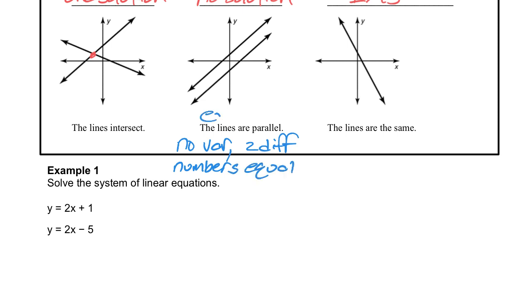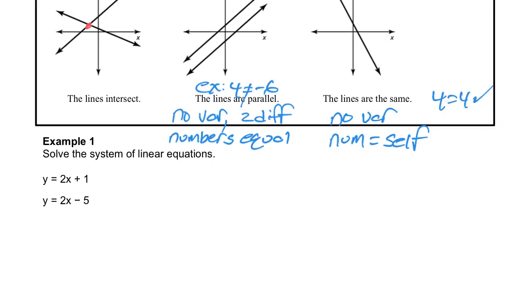So for an example, you might get something like 4 equals -6, and that's not true, so that would be no solution. Infinitely many solutions is where you have no variables left, and you have some number equal to itself. Sort of like 4 equals 4, which is true, and that would make infinitely many solutions.